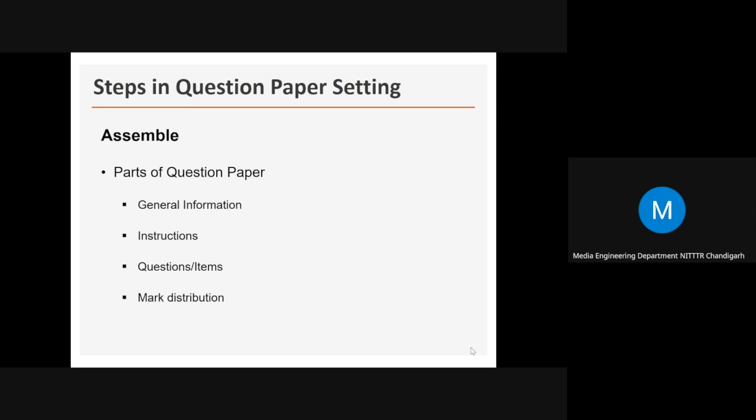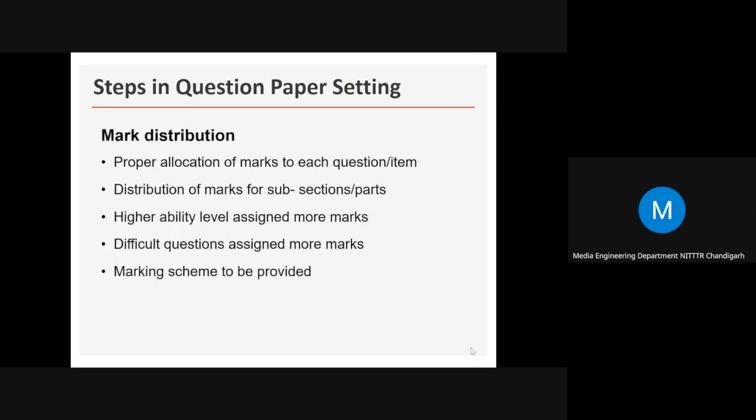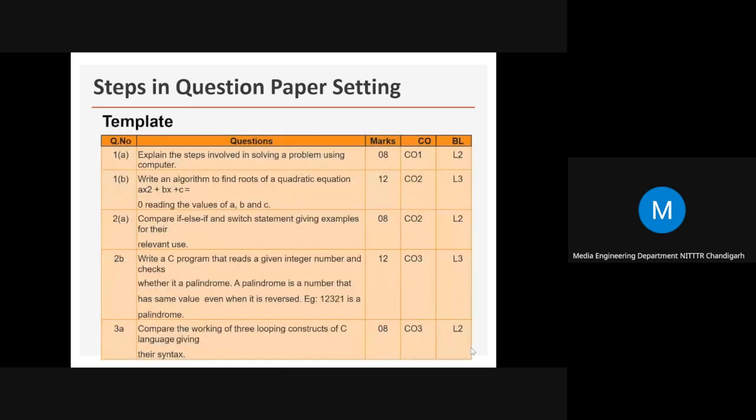I'm skipping some slides which are just giving the details of these various steps. Okay. So this is one template which I have adapted from the AICTE examination reforms policy. I have not indicated one last column here because in the examination reforms policy they are talking of some performance indicators also.